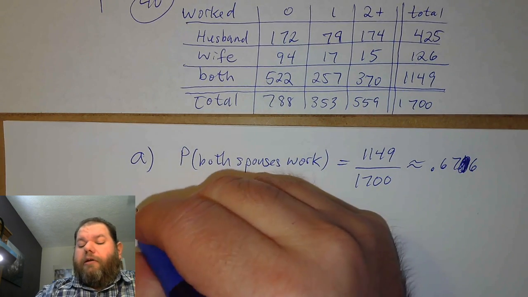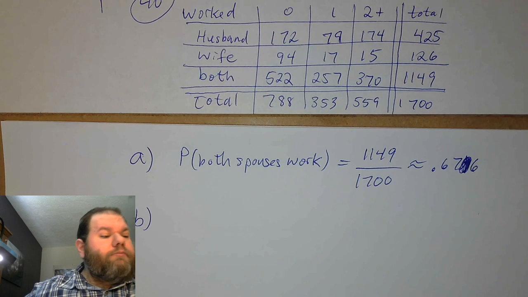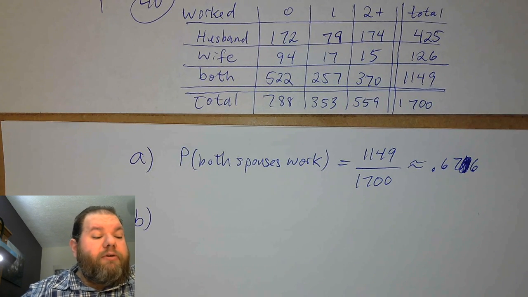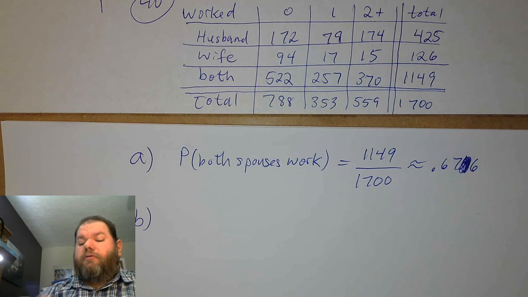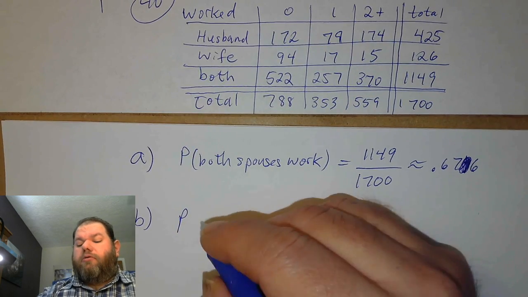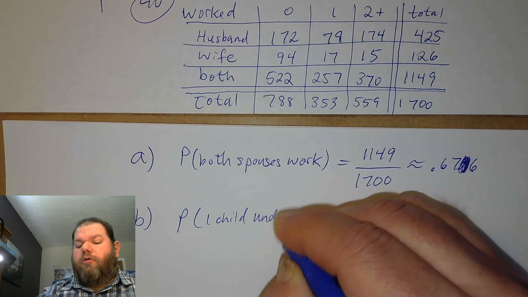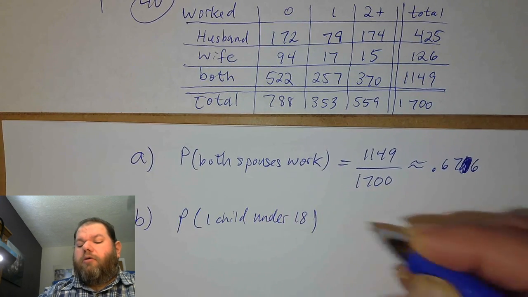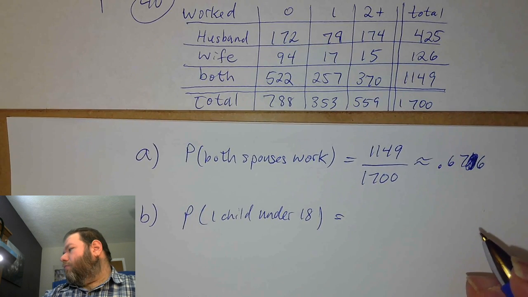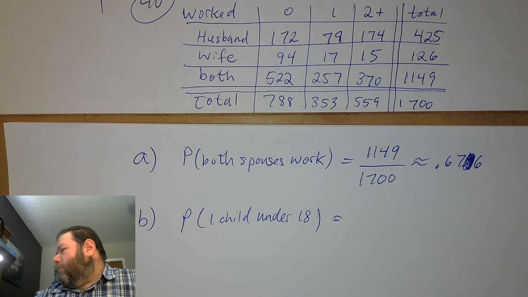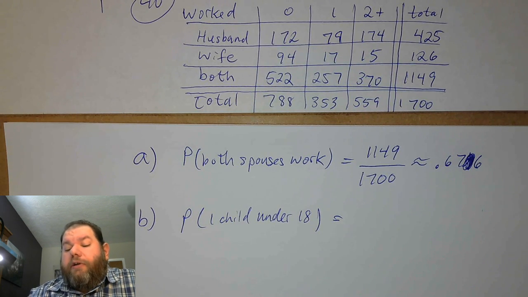Alright. Question B. What is the probability that for a married couple selected at random, a couple has 1 child under the age of 18? Okay, so we look at our table.